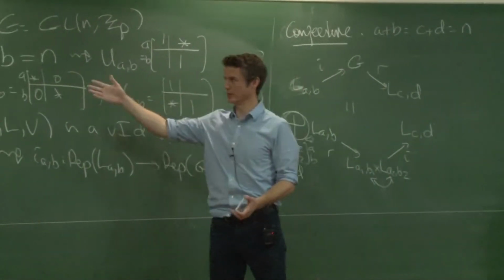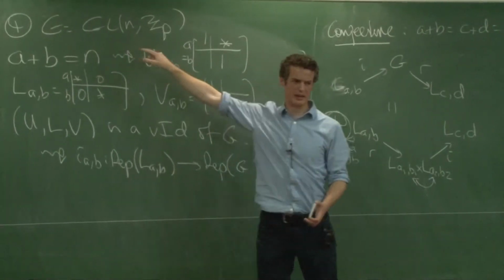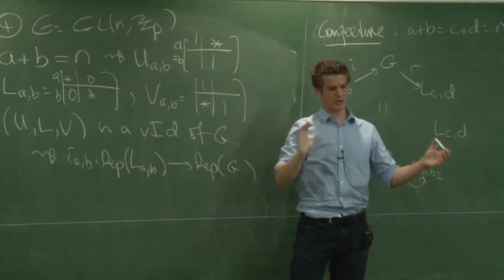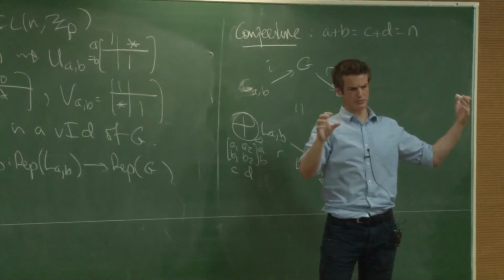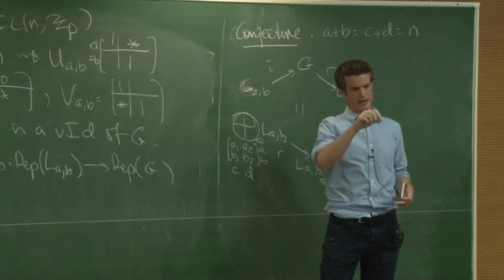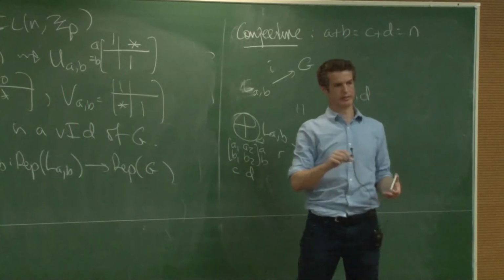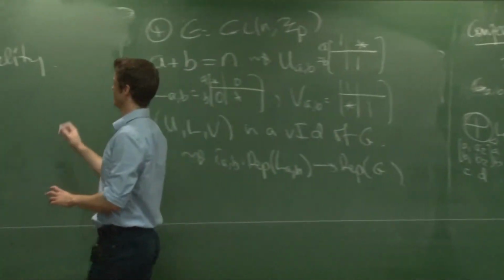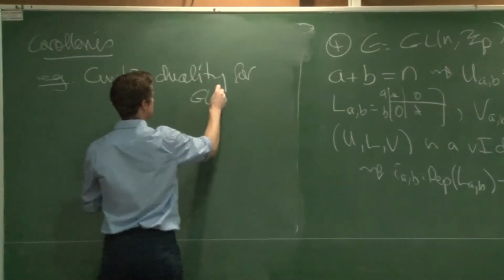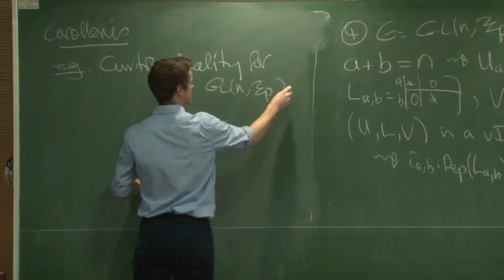Exactly the same thing would hold here in this case of GLN ZP, namely that there's a duality operation which takes a representation and sends it to an alternating sum of representations that you get by restricting and then inducing. And that would be an involution. Okay. For example.